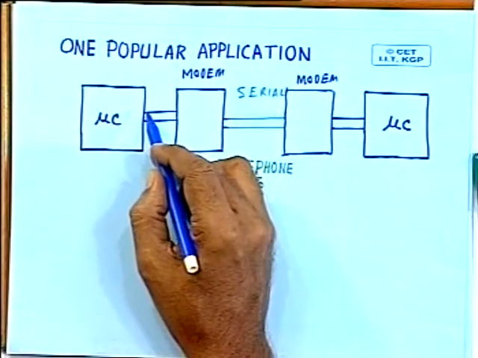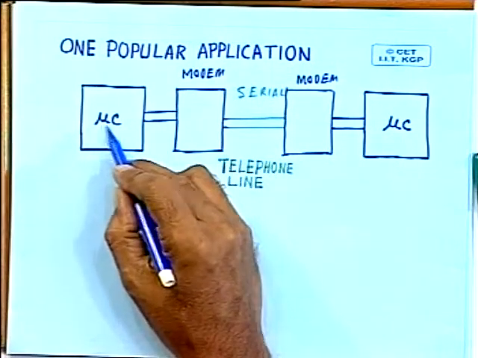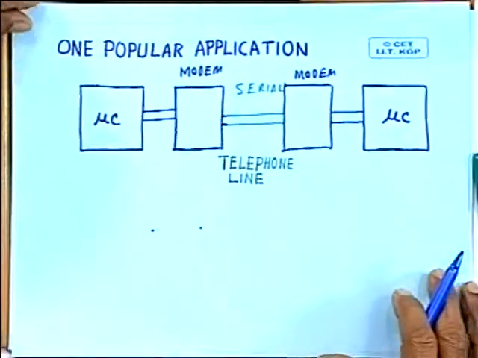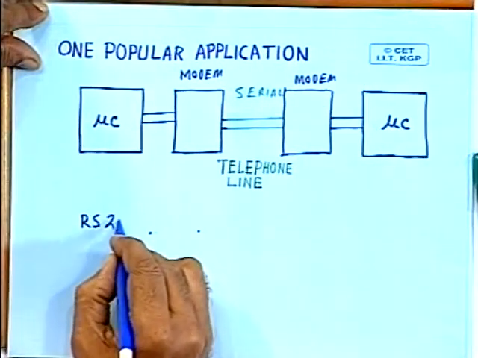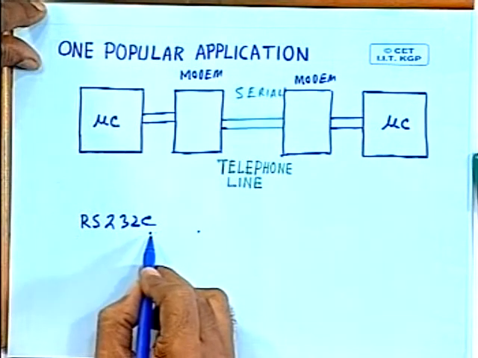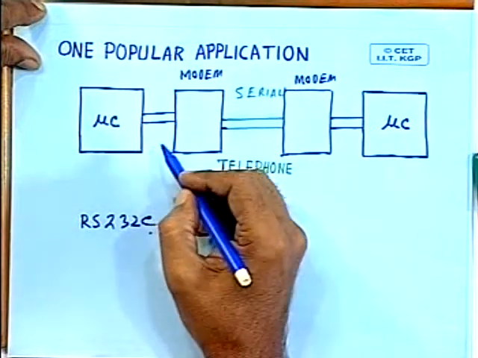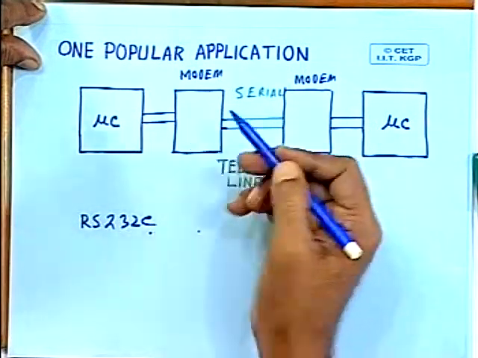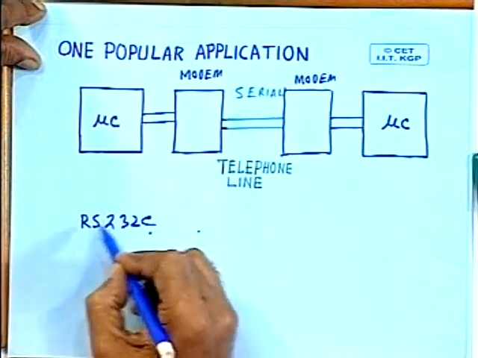A new standard was developed to interface the computer with the modem, and the standard is known as RS-232C. So the RS-232 serial interface standard was developed so that you can use a modem of any make, and the computer can interface through this standard interface.